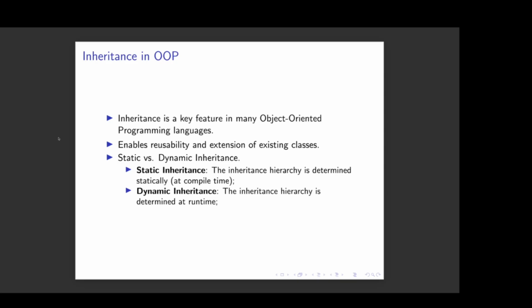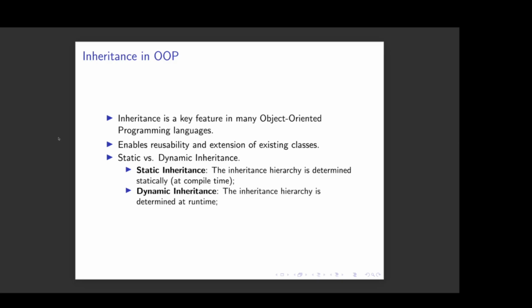Let's dig into some background explaining what this is about, static and dynamic inheritance. What are the differences? As you know, inheritance is a key feature in many object-oriented languages. It's used for reusability and for extending existing classes. In this talk, we are going to consider two flavors of inheritance.